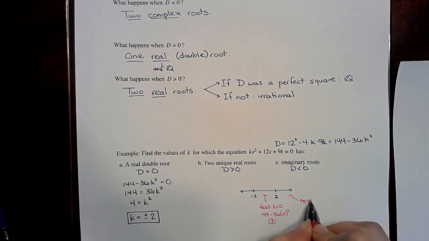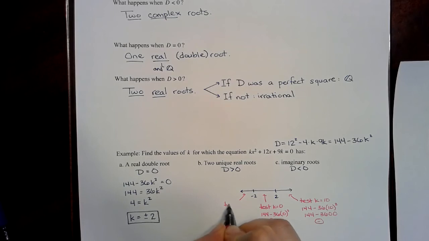Over here, if I test 10, that's usually pretty easy to plug in. 144 minus 36 times 10 squared. 10 squared is 100, so we're subtracting 3,600, so I'm going to get some negative number.